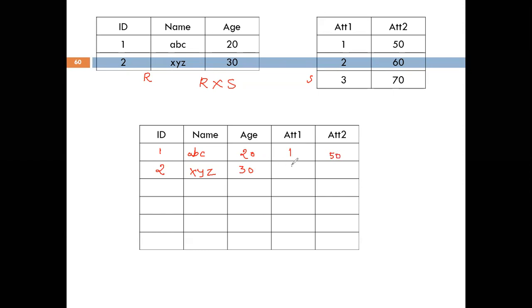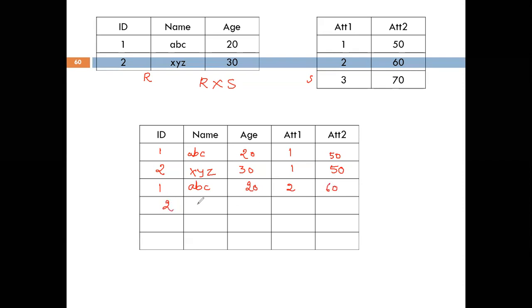The second row of R will also be combined with the first row of S. Now again, this gets repeated: 1, ABC, 20. This time it combines with the second row of the second table, S, so 2 followed by 60.